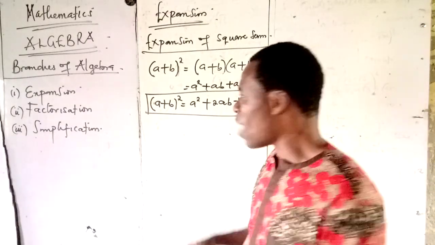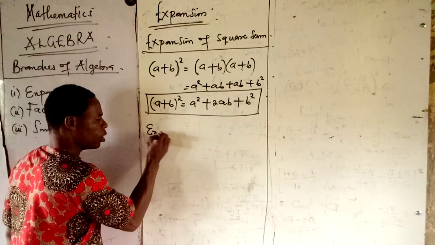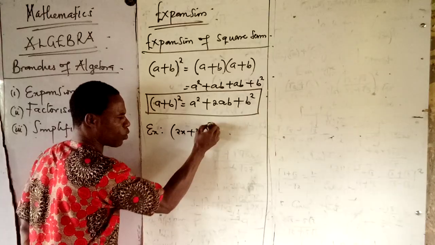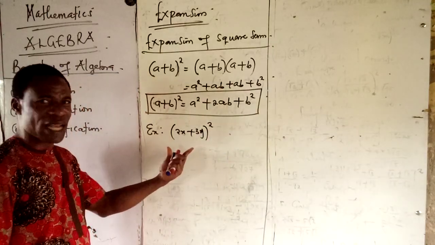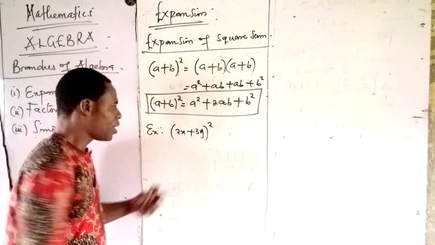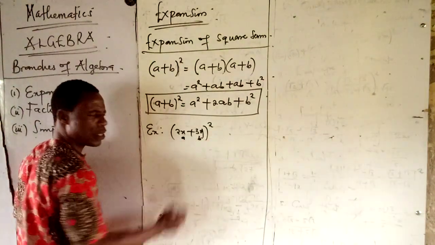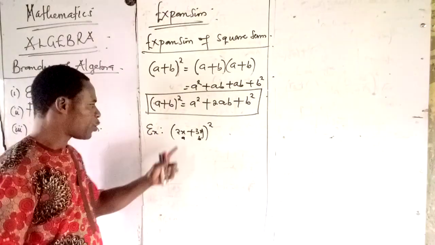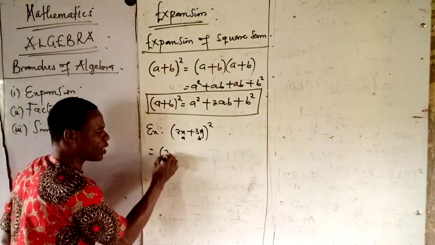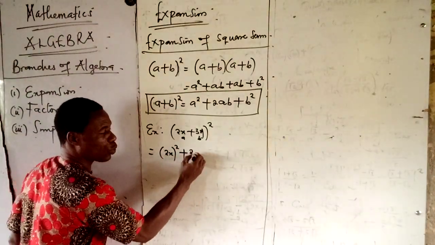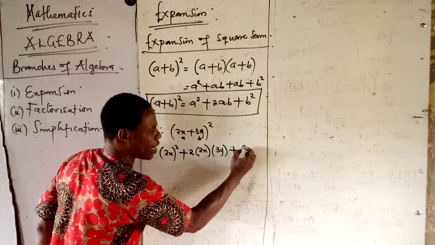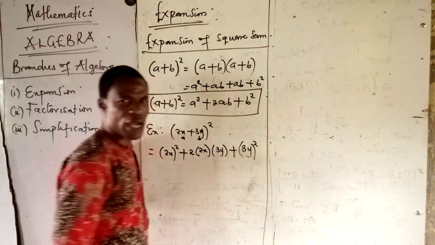Now take my example. If I have 2x plus 3y all square, and we get to expand. This is A, this is B. When you look at it very well, this is A squared plus 2AB plus B squared.